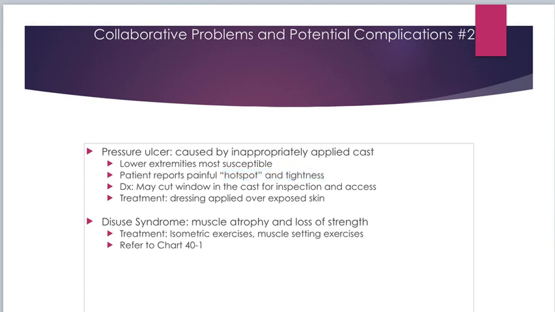And then what we can do is we can cut out part of the cast to look at it and assess, and then either recast it or just apply a dressing over it. Disuse syndrome is when we don't use our range of motion exercises to keep up the regular function. And it's just due to disuse, not using it, and the muscle atrophies and we lose strength.